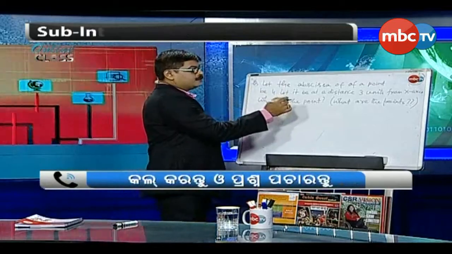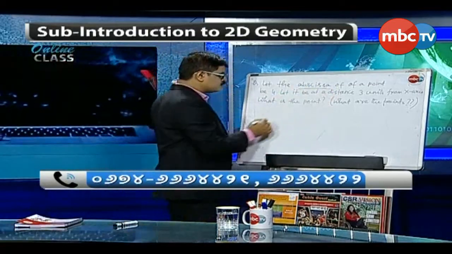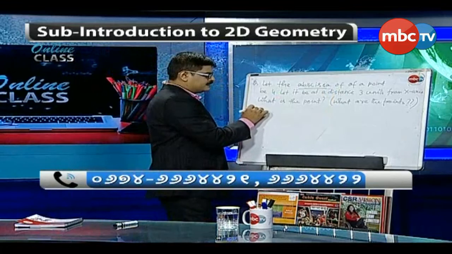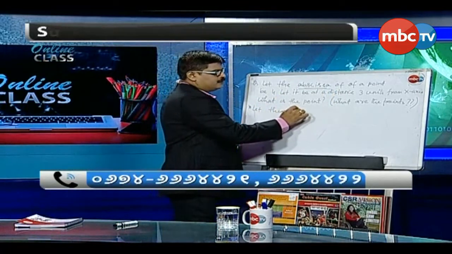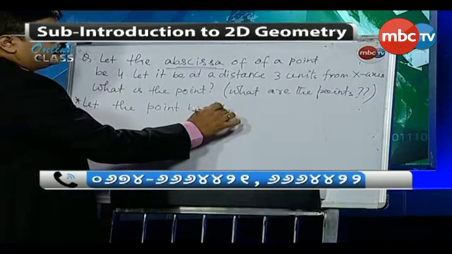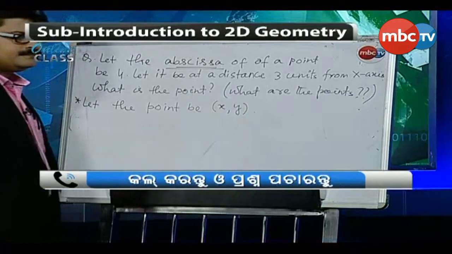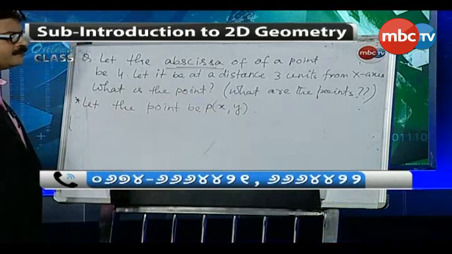You see, the abscissa means the x coordinate. So let the point be P(x, y), give it a name.